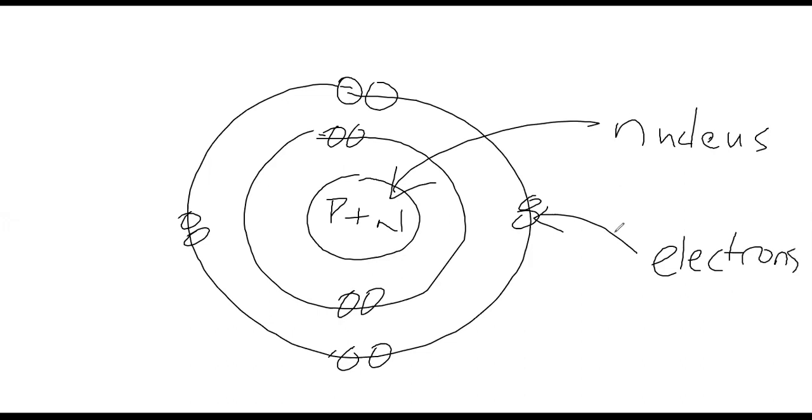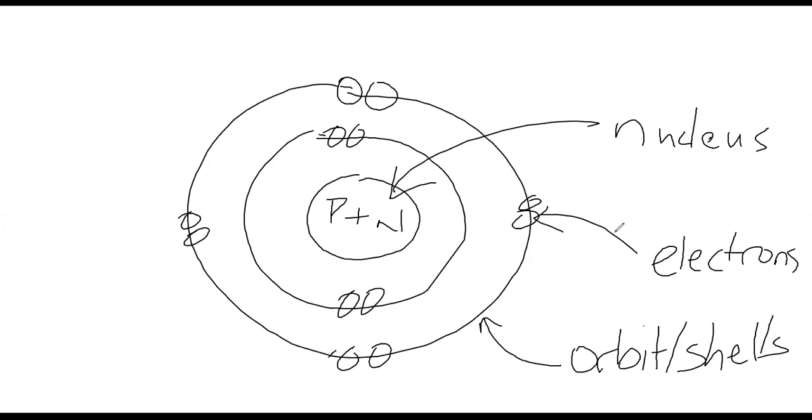Your electrons move around in orbits or shells. We call them orbits or shells or energy levels. Each of these shells has a different energy level, and based on where the electrons are placed, that tells you the energy level of the electron itself.